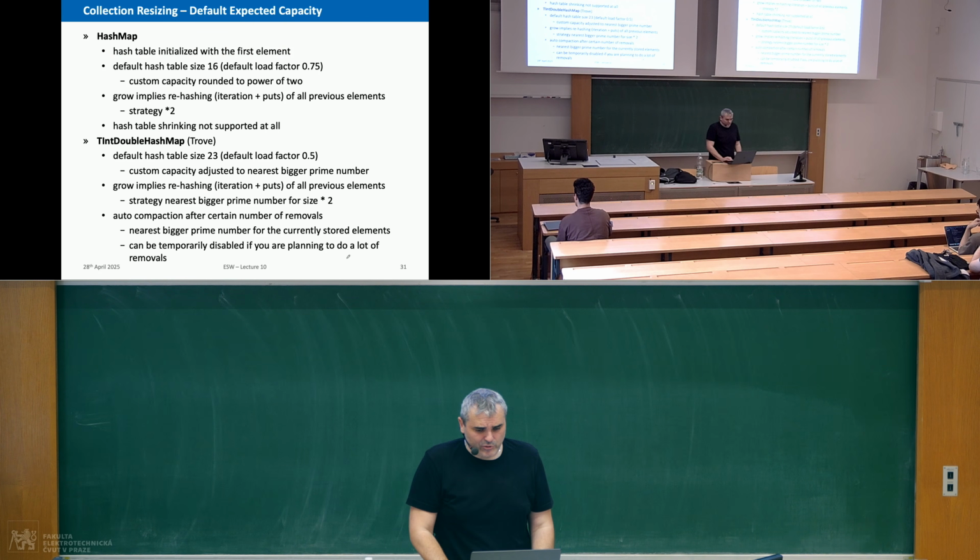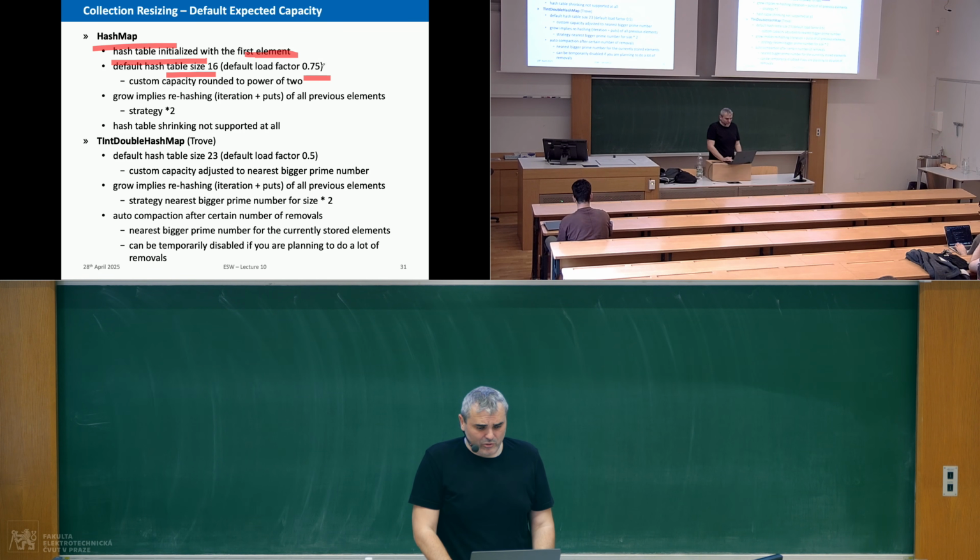How it works for the hash maps. Standard hash map collection. Hash table is initialized with the first element, so if it is empty, again, it's not existing. Default hash table size is 16, with default load factor 0.75.